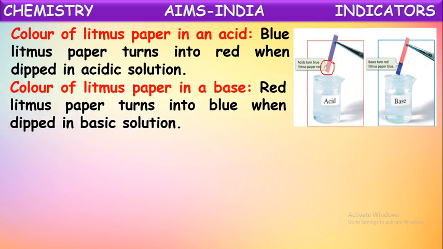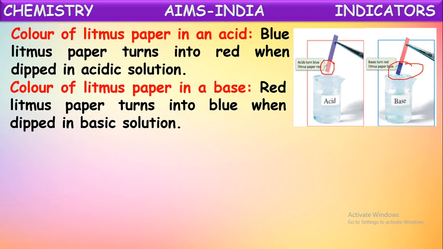In the same way, when you dip a red litmus paper into any basic solution, it turns blue. These litmus papers are of two colors. One is blue litmus paper, the other is red litmus paper.